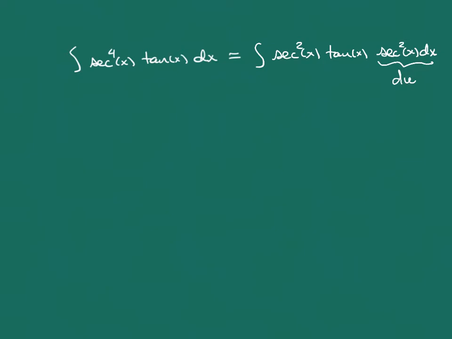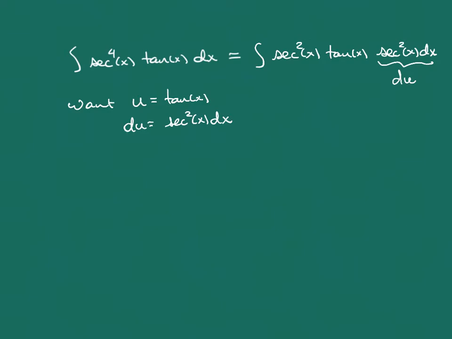And so we want to do a u substitution with u equal to tangent of x, du becomes secant squared of x dx.